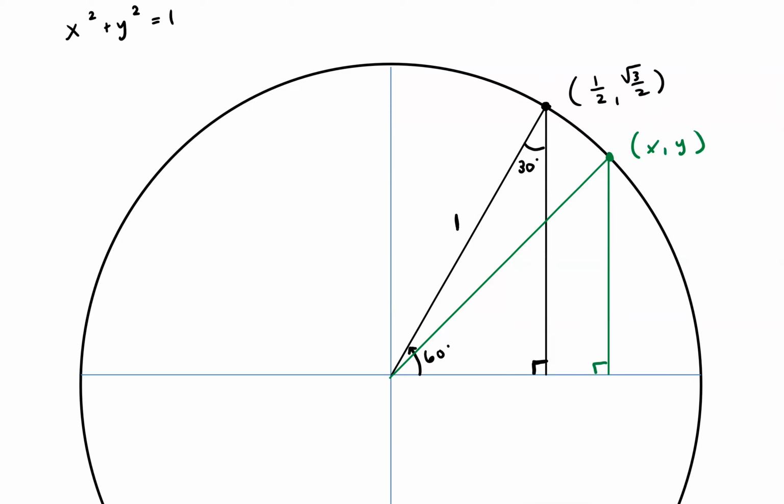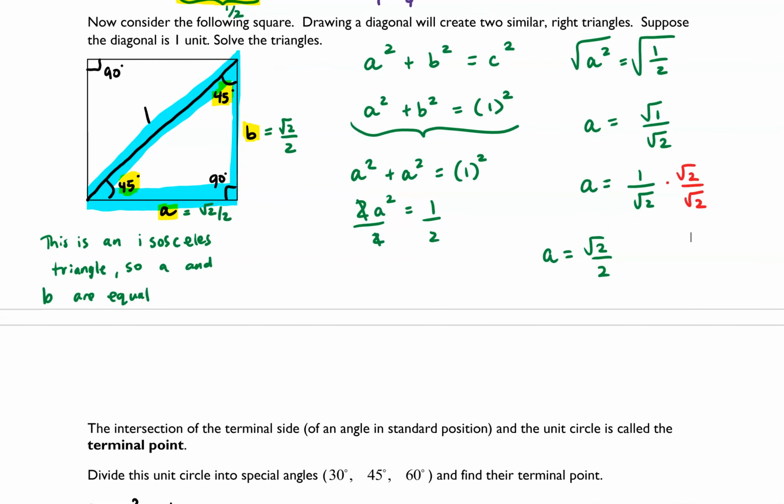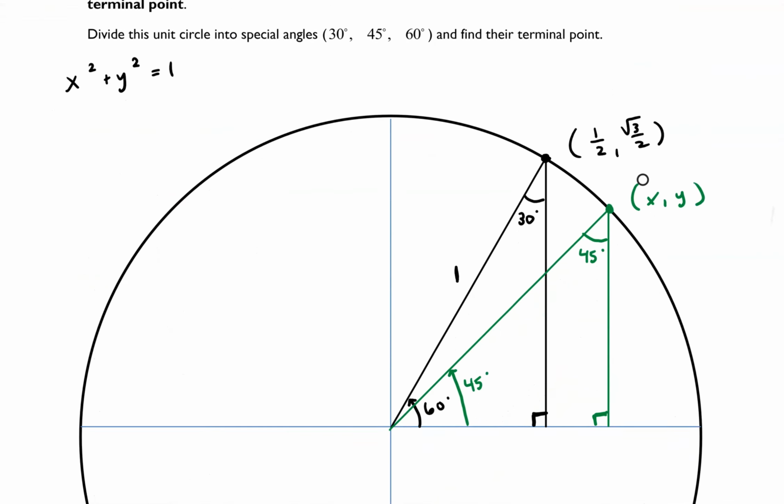So once again, I'm going to draw a straight line down from here to create a right triangle. And we know that this is a right angle, and we know that this is 45 degrees here. So that's going to make this 45 degrees as well. And up above, again, we worked with this particular special triangle, and we found that the lengths of the legs were both √2/2.